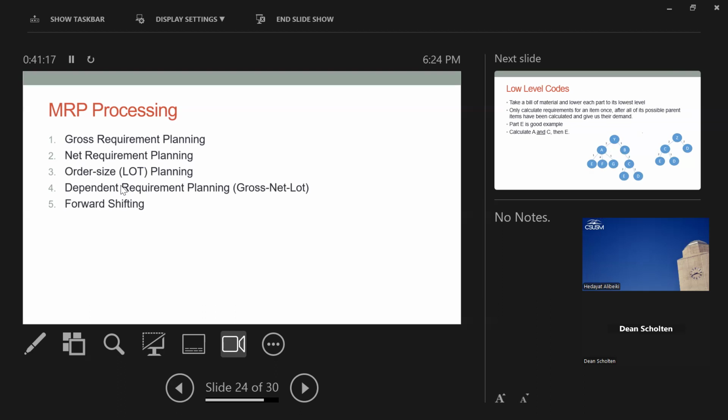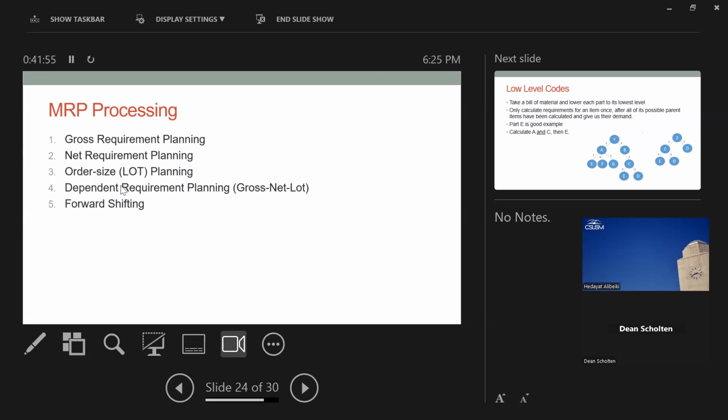Net requirement tells you the net amount of units that you have to produce or plan for in order to be able to meet those requirements. In a lot of cases, net requirement is less than gross requirement. The reason is we may have inventory on hand. So if gross requirement is 100 units, you may have 20 units on hand, leftover from the previous cycle.